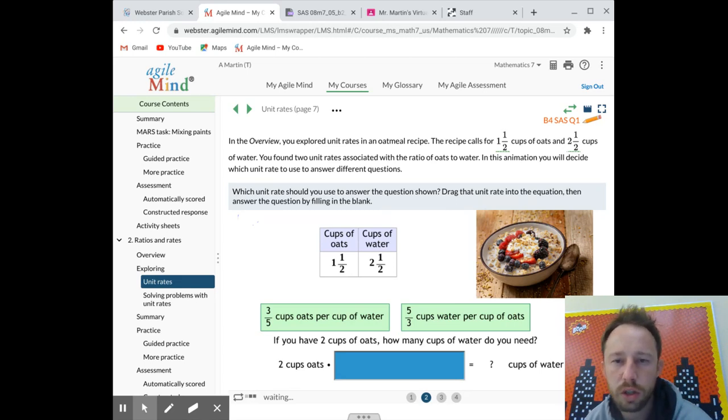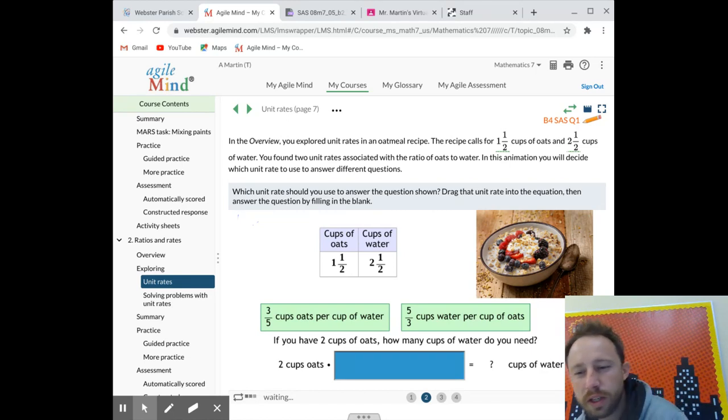Which unit rate should you use to answer the question shown? Drag that unit rate into the equation. Then answer the question by filling in the blank. This one says, if you have 2 cups of oats, how many cups of water do you need?